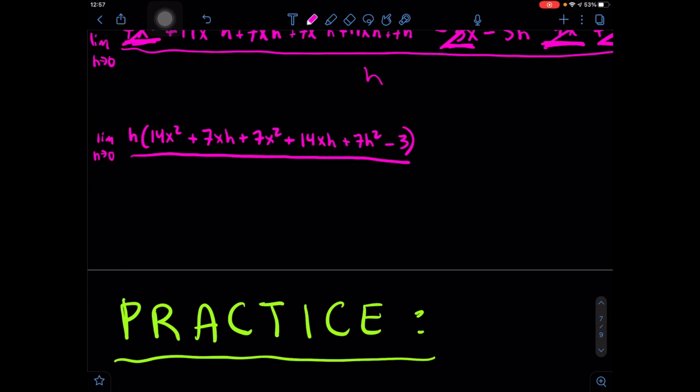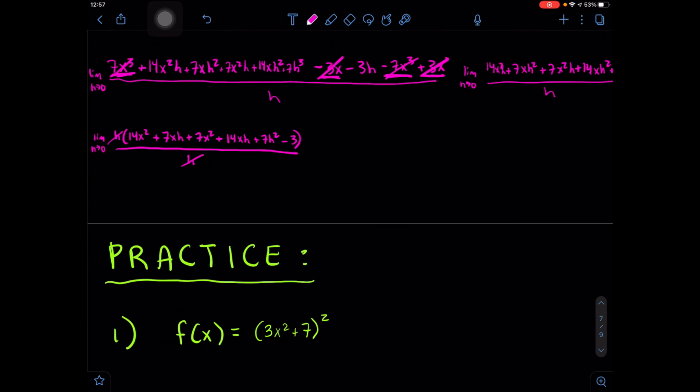Put that all over h. The two h's cancel out. And then we're left with the limit as h approaches 0 of 14x squared plus 7xh plus 7x squared plus 14xh plus 7h squared minus 3.